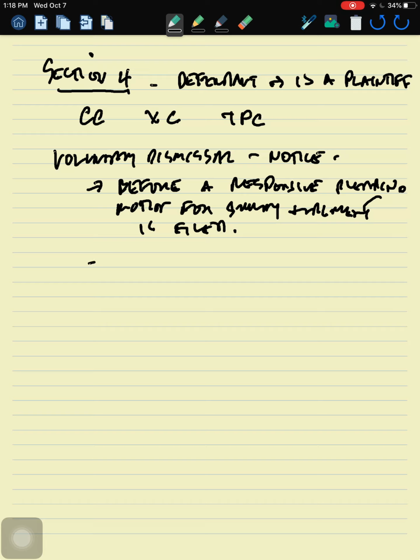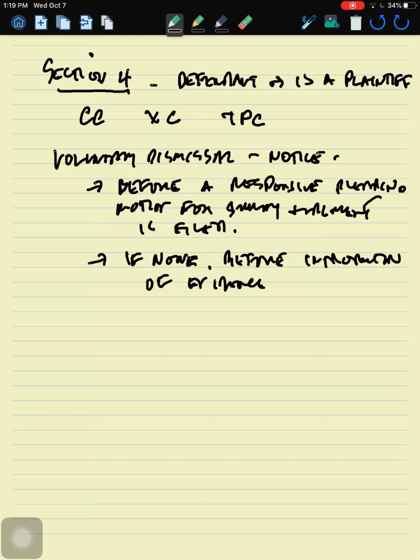And furthermore, it says, if none, before introduction of evidence at the trial or hearing. Now, what is being referred to?